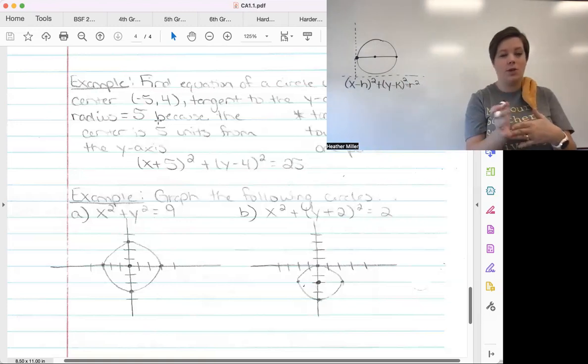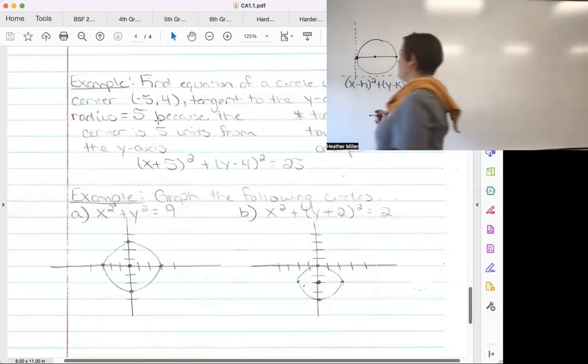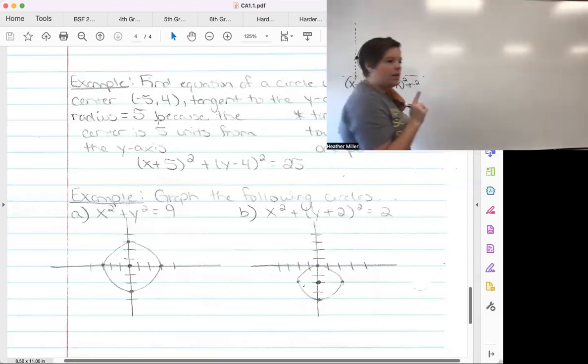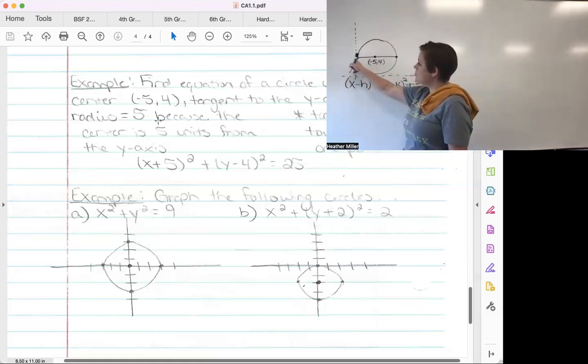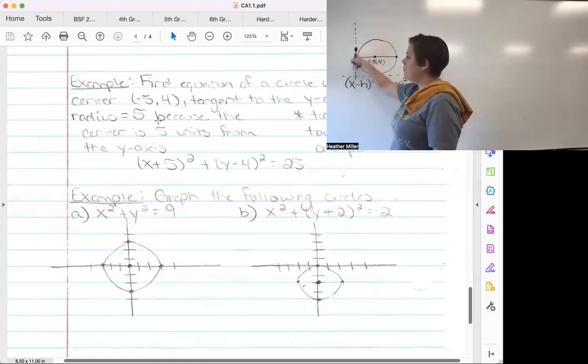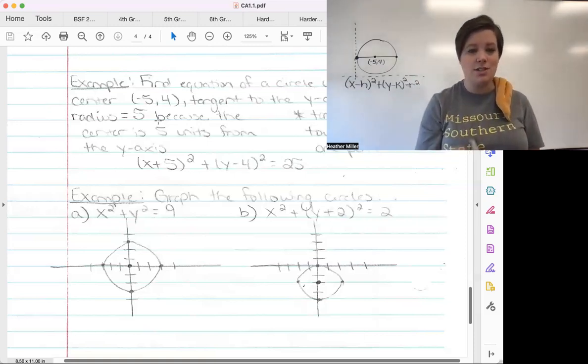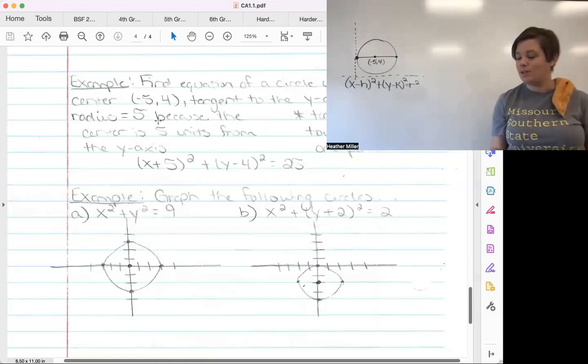It shares one point with the y-axis. Now, how does that help us? Well, it told us our center. Our center is -5, 4. Like that. That's what we know. And if we know that the circle is going to share one point with the y-axis, then this is actually enough information to tell us the radius of the circle.